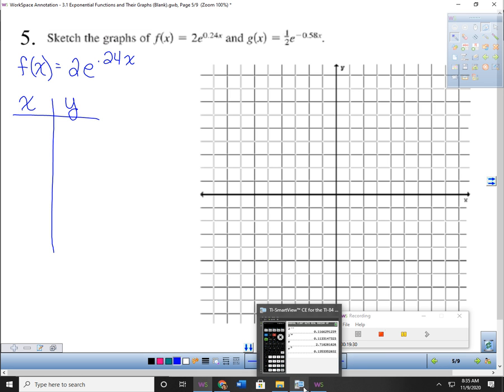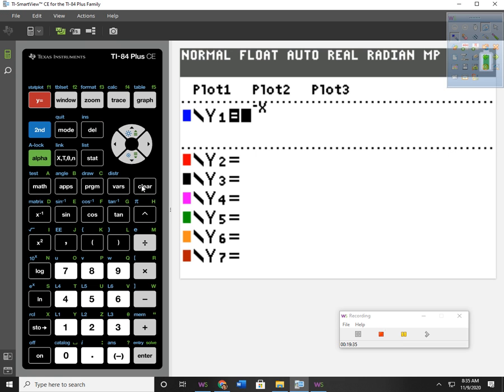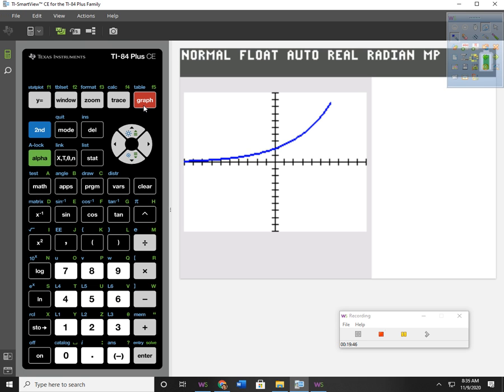So I'm going to clear that out and enter 2e to the 0.24x. These are very similar to the exponential functions, and that's because the x is in the exponent, it just has a natural base.